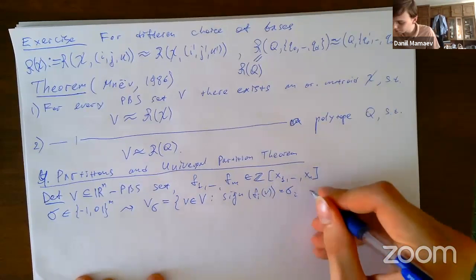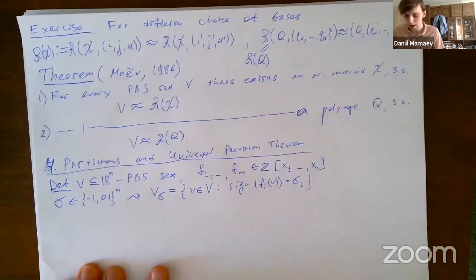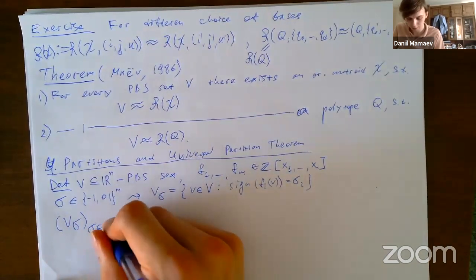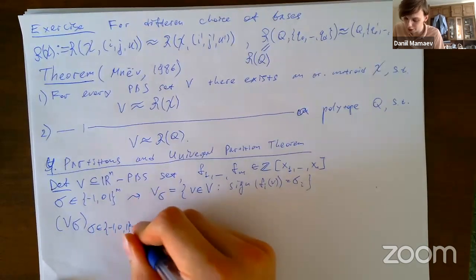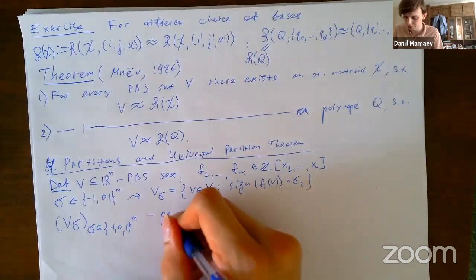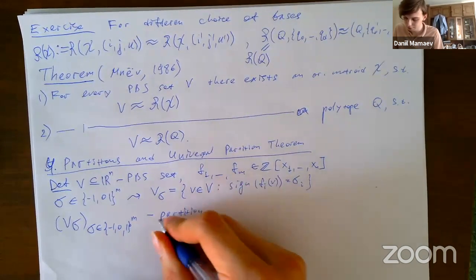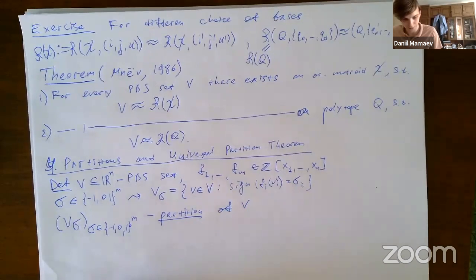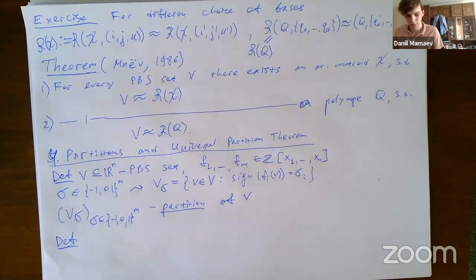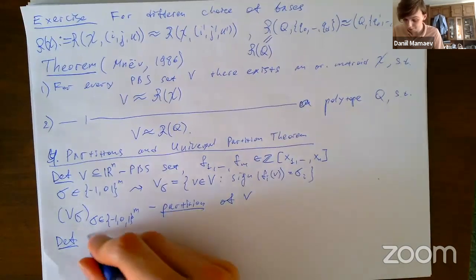And a collection of these gives some stratification of our set V. And this stratification is called a partition of V. And now we need a definition of stable equivalence for partitions.